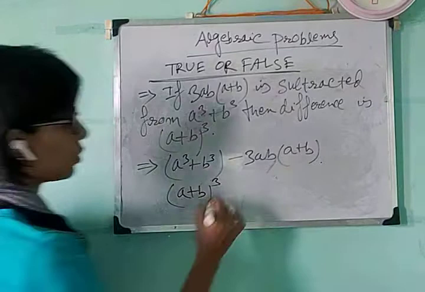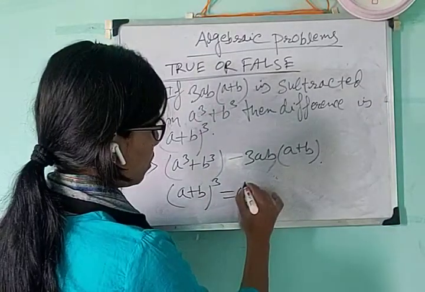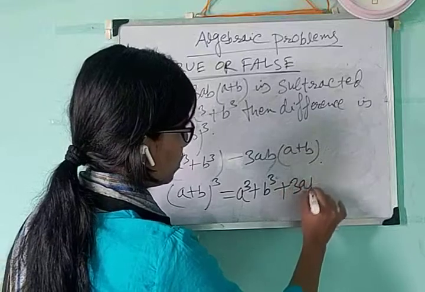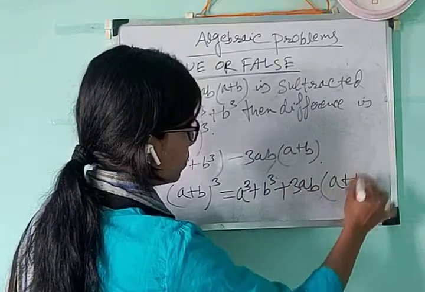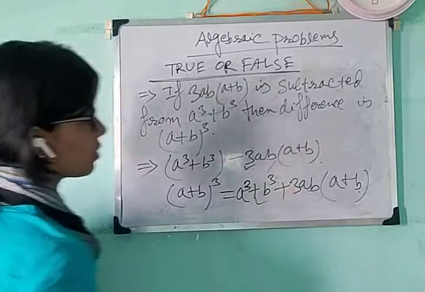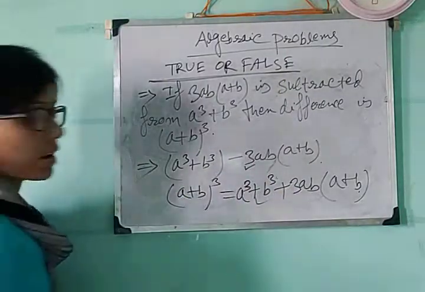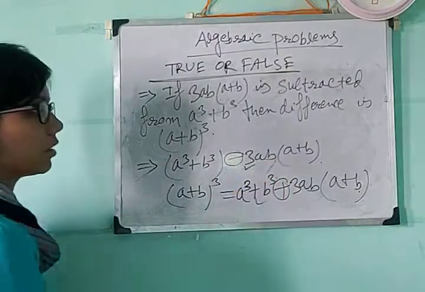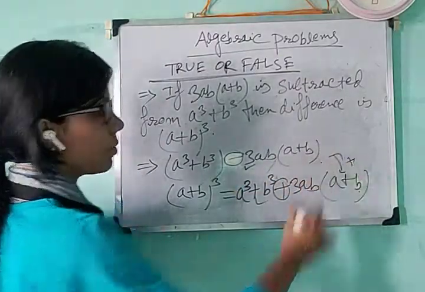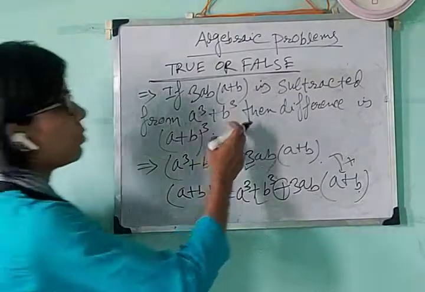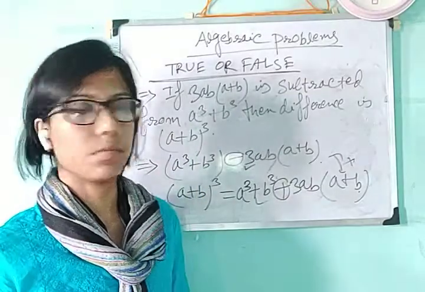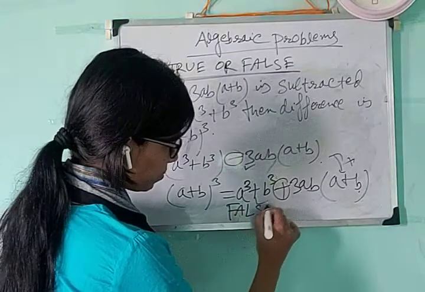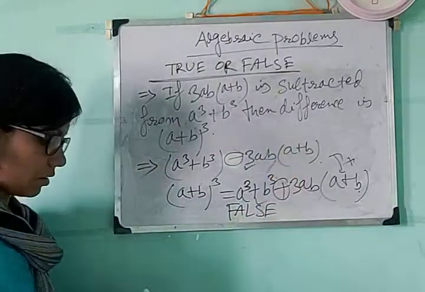A plus b whole cube is a cube plus b cube plus 3ab into a plus b. Now look at these two equations. There is some difference. This is minus and this is plus. So these two are not the same, and we can say that the statement is not true. This statement is false.